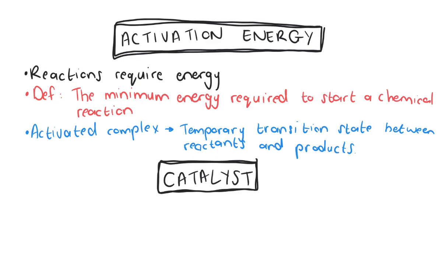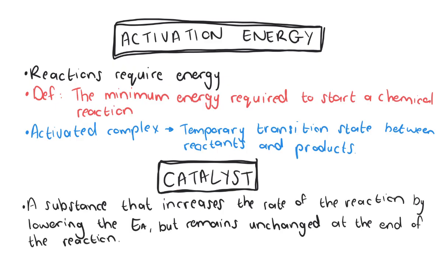Since some reactions require more energy to get started, they have a higher activation energy. Now we have something called a catalyst. A catalyst lowers your activation energy. It provides an alternative path so that more particles can react and the reaction happens faster.